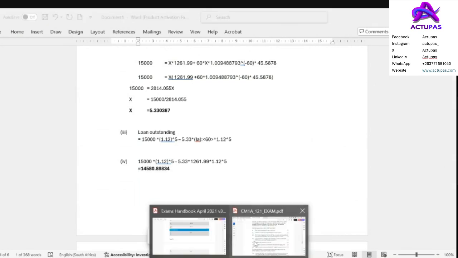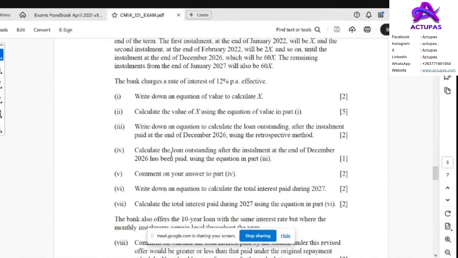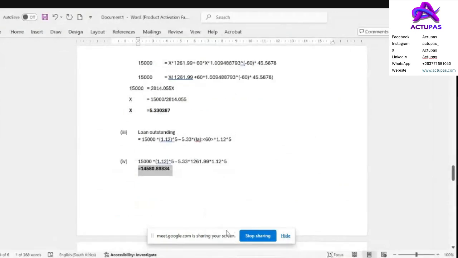So the next part, part 5, comment on your answer to part 4. And as you can see here, the loan has been paid a very, very small amount. Why is it that? We comment on that. So as interest exceeds the repayments at early durations, because at early durations, the repayments are very small, the loan outstanding will increase.